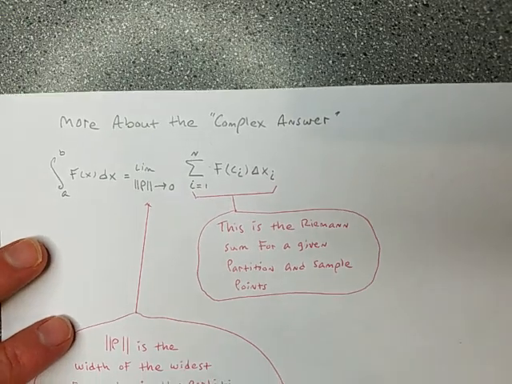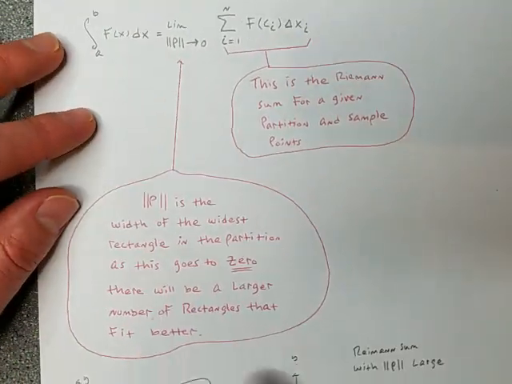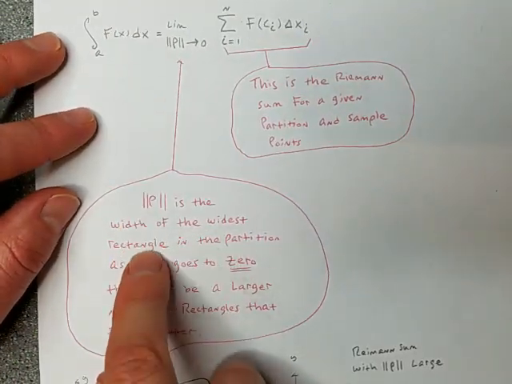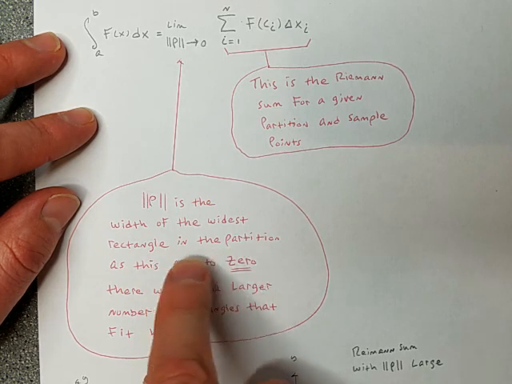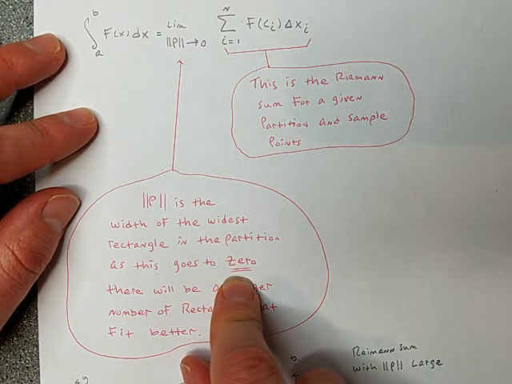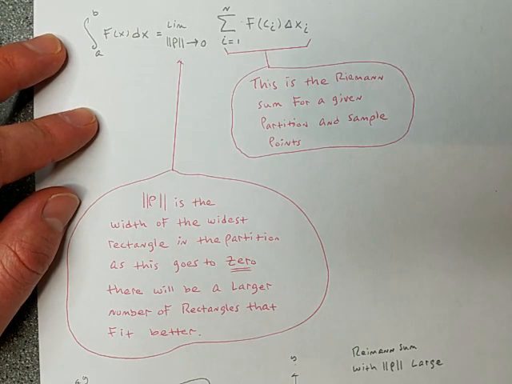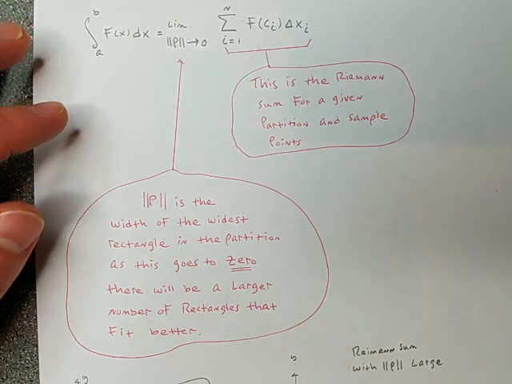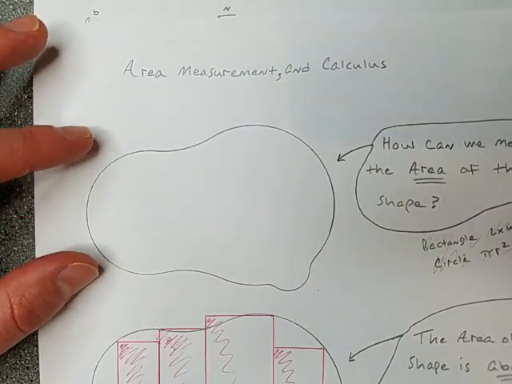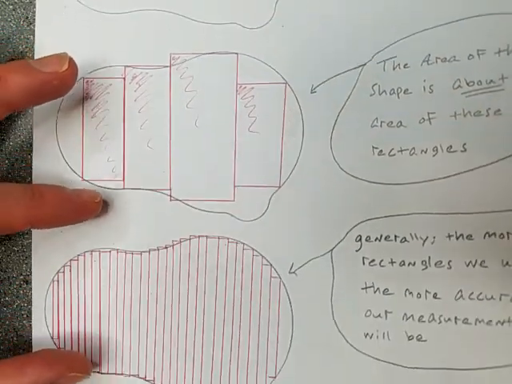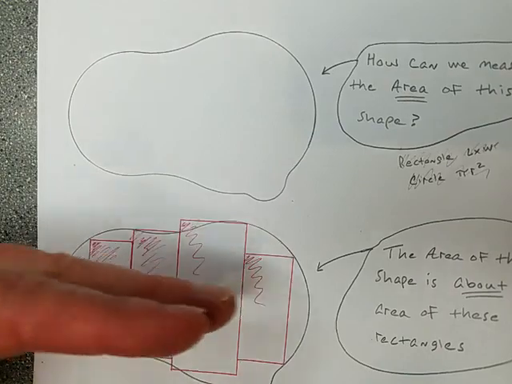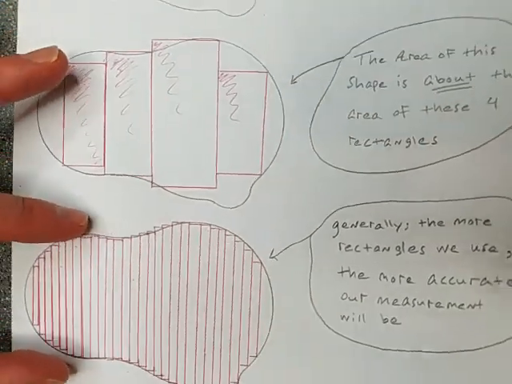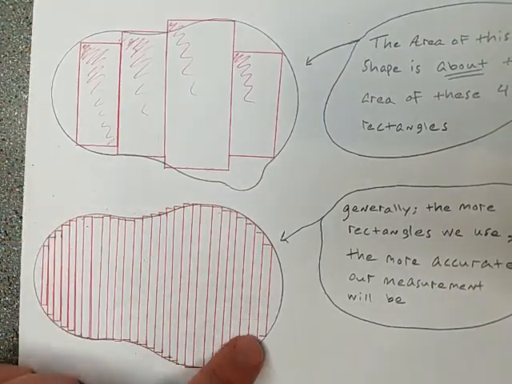But think about if we did that, but the widest rectangle in the partition went to 0. What would that look like? Well, I'll go back to my first video. It would be like this to this to this. Isn't it true that the more rectangles I fit inside the region, the more accurately they'll cover it?